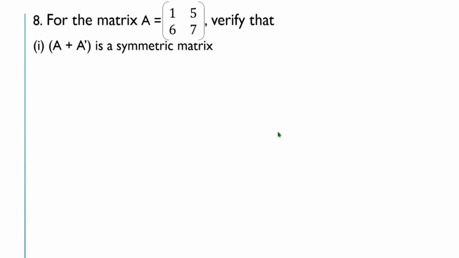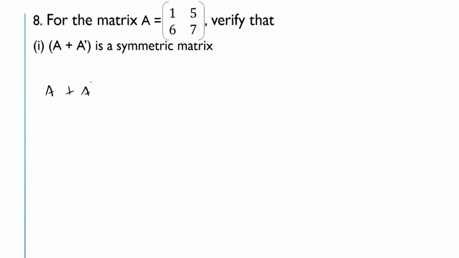The next question, for the matrix A equal to 1, 5, 6, 7, verify that A plus A transpose is a symmetric matrix. So we have to verify whether A plus A transpose is symmetric.